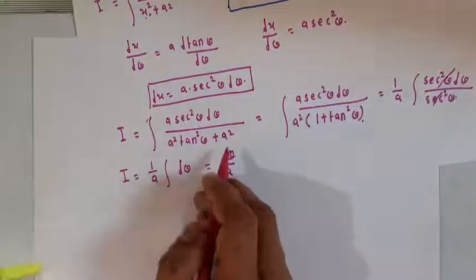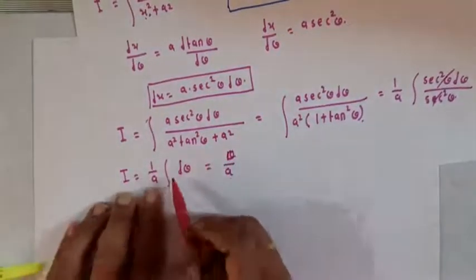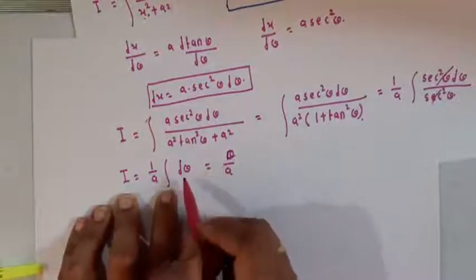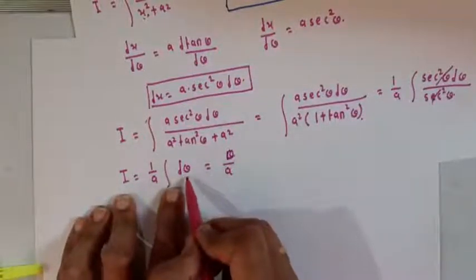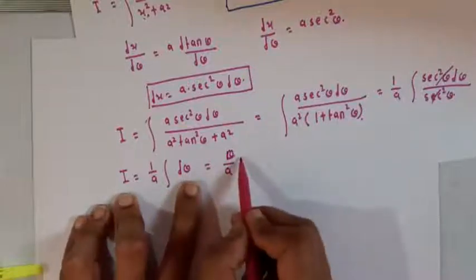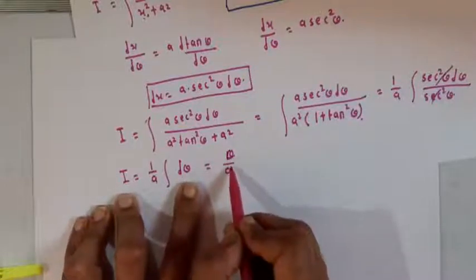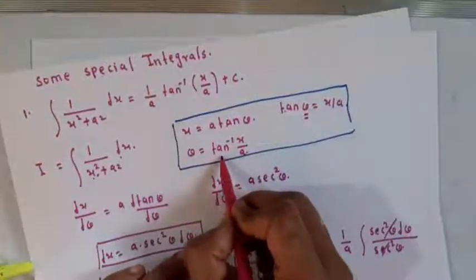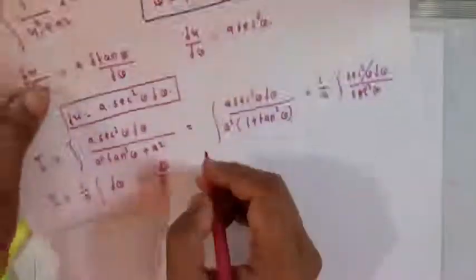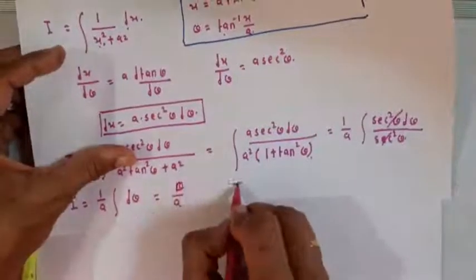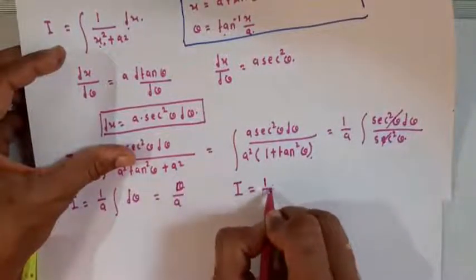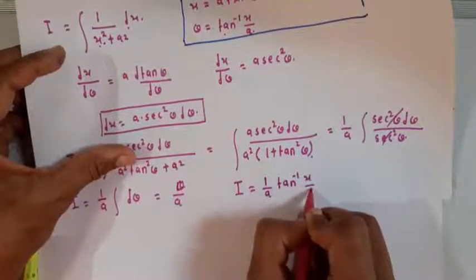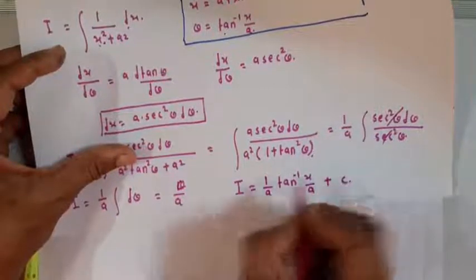Okay students, when we integrate, the integration of a constant number with respect to x is x, just like the integration of a constant number with respect to theta is theta, so we get theta by a. Now put the value of theta from here, and we will get the integration I equal to 1 by a tan inverse of x by a plus constant of integration c.